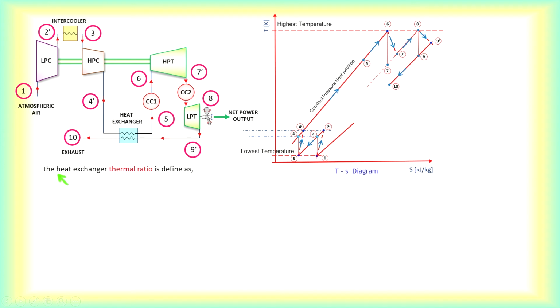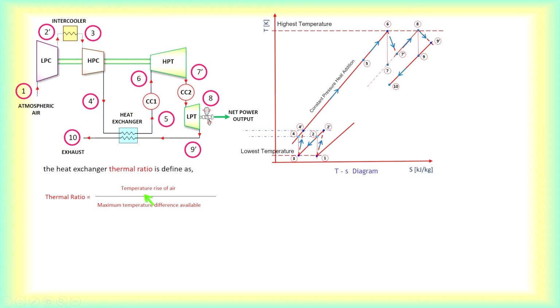Okay, so for the heat exchanger, the thermal ratio is actually defined as the temperature difference, or the temperature rise of A. So you don't have to consider the heat this time. That means you don't have to consider the CPA and the CPG. Now you straight away just take the temperature difference, the simplified effectiveness thermal ratio by neglecting the CPA and the CPG.